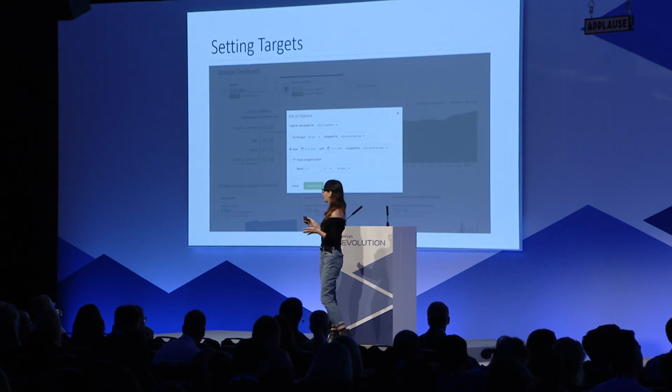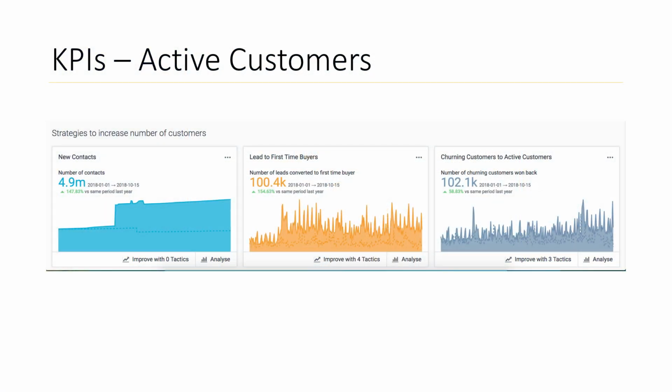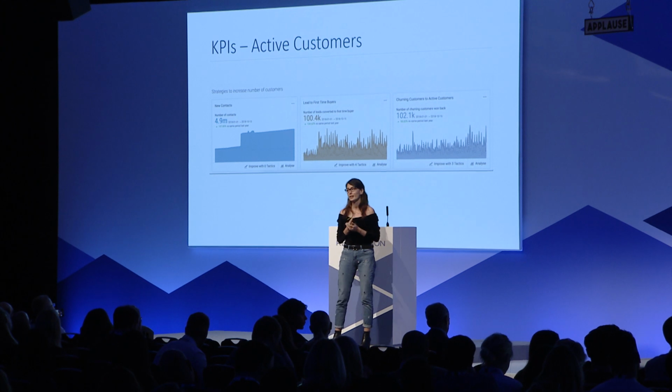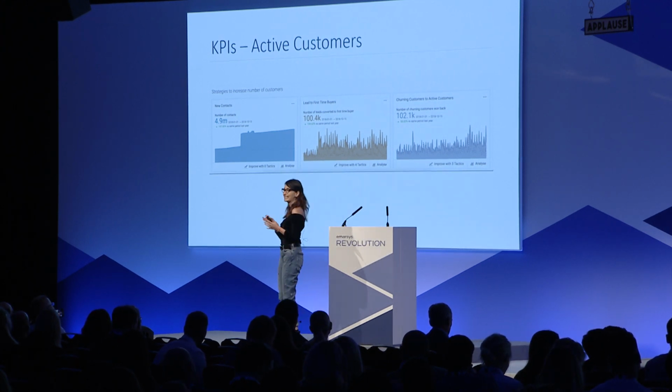So the fact that you can use tactics ready to be deployed, super easy, to improve all this objective, has been a massive time saver, and a massive added value to the team, the business, and overall performance of the team and the business, which I'm sure everyone is aiming for.